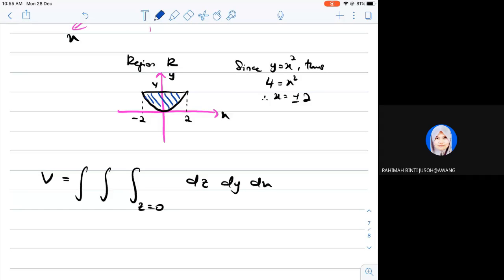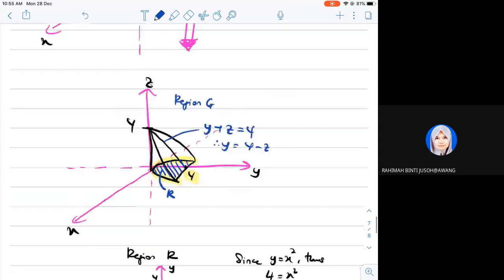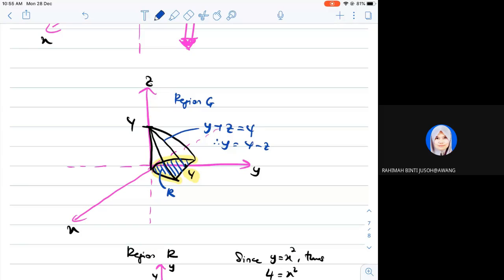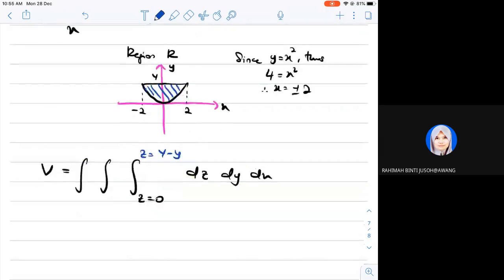So z starts from 0 until z equals 4 minus y. Let's see if I erase it. Yes, right. So we want z equals 4 minus y. Okay, so that settles the limit of z.